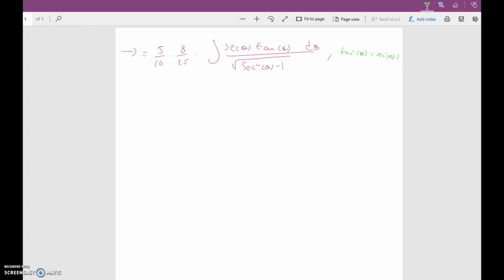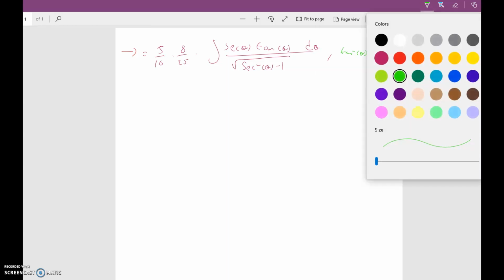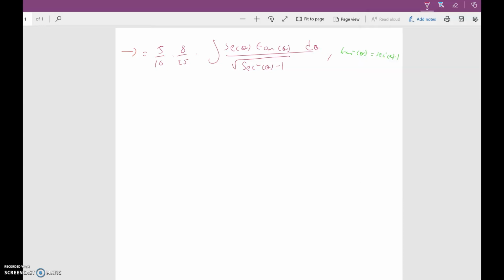Let me actually rewrite it. So we're looking at this is 5 over 8 times 2 times 8 over 5 times 5. So our constants, you can cancel these two. Cancel the 5s, cancel the 8s.